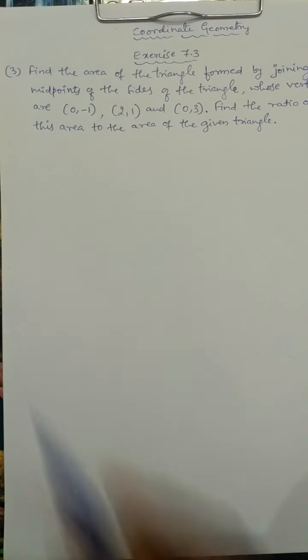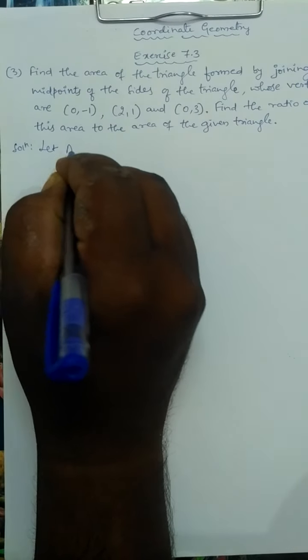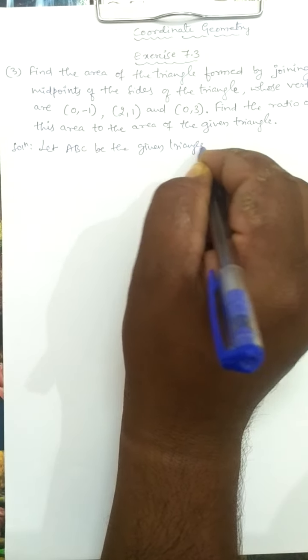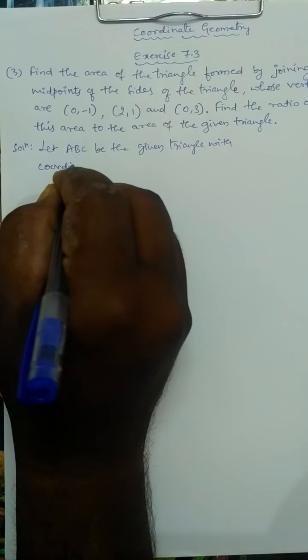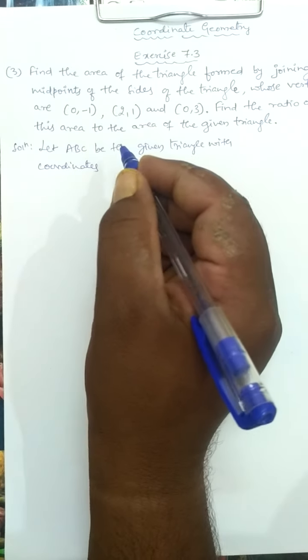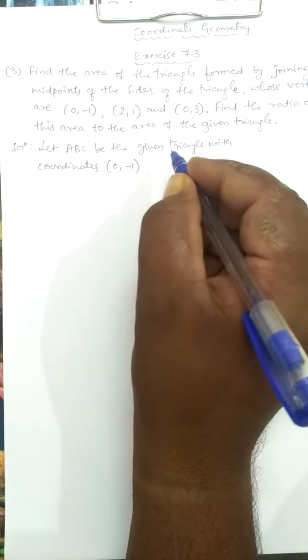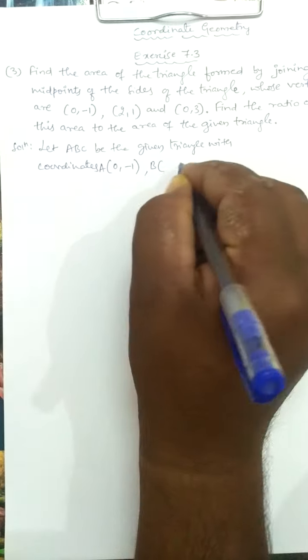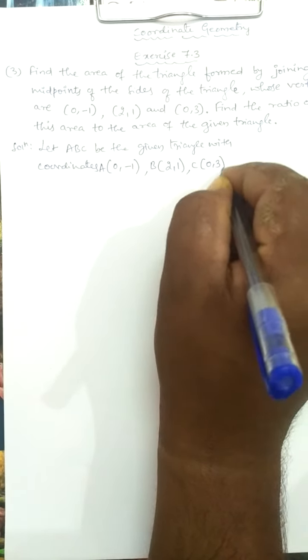Here we have to go for the solution. Let ABC be the given triangle with coordinates A (0, -1), B (2, 1) and C (0, 3).